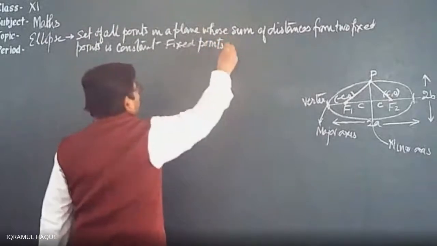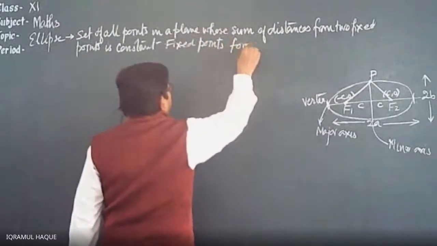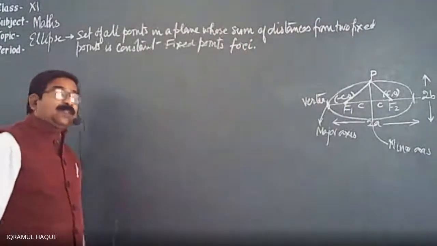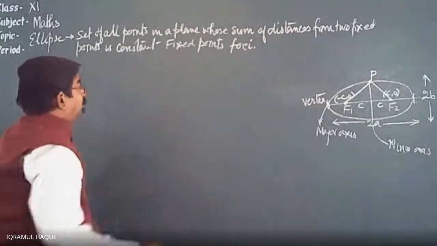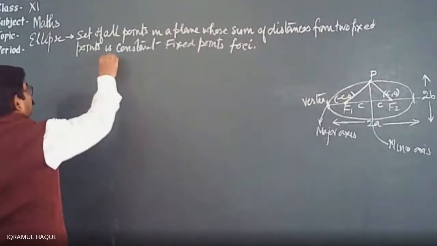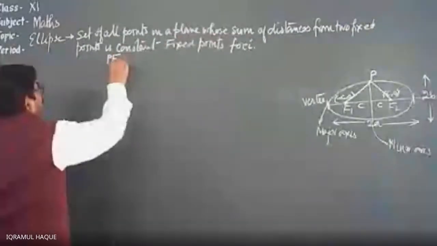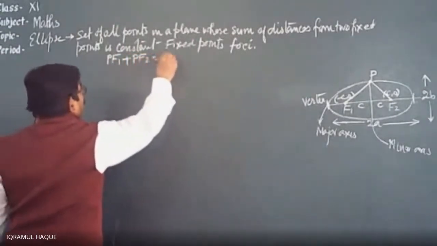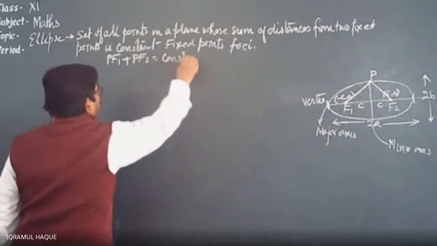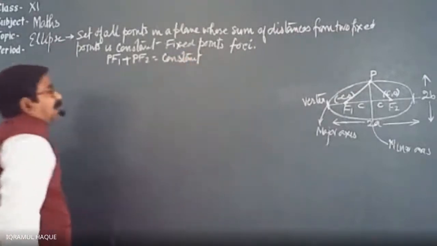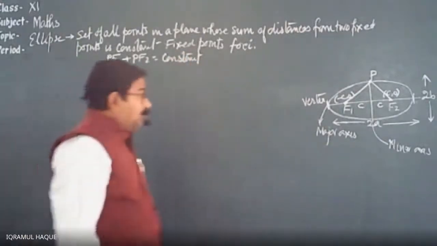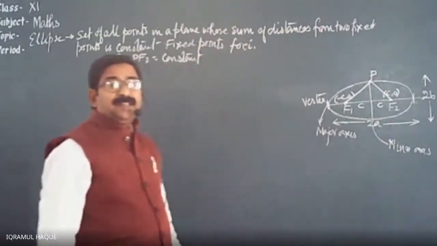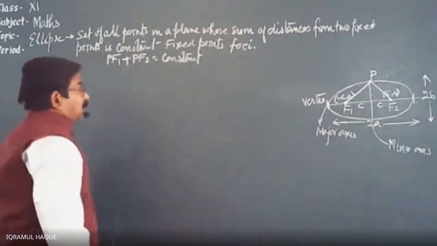The fixed points are foci. And what is constant? According to the figure, PF1 plus PF2 is equal to a constant, and this constant is equal to the length of the major axis.